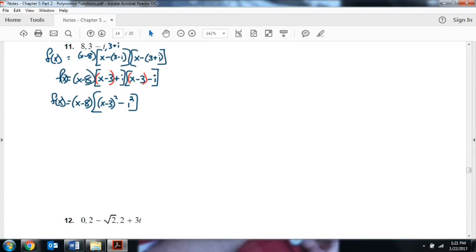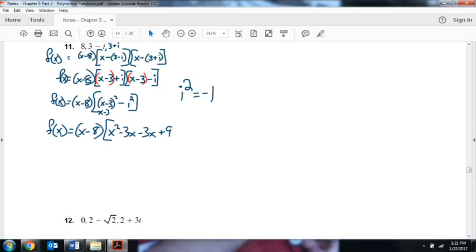So here we go. F of x equals x minus 8. And we're going to multiply that out. So if I do x minus 3 times x minus 3, I get x squared, a negative 3x, a negative 3x, and a positive 9. And when I multiply out negative i squared, remember, i squared equals negative 1.